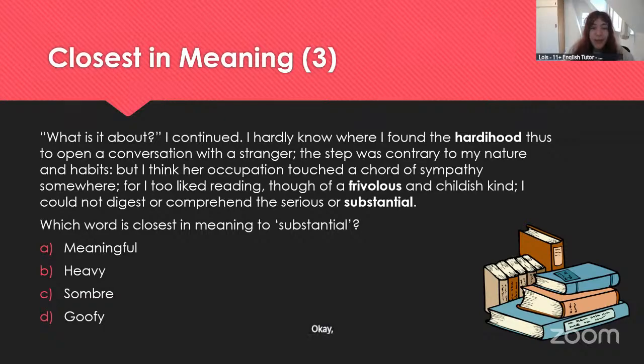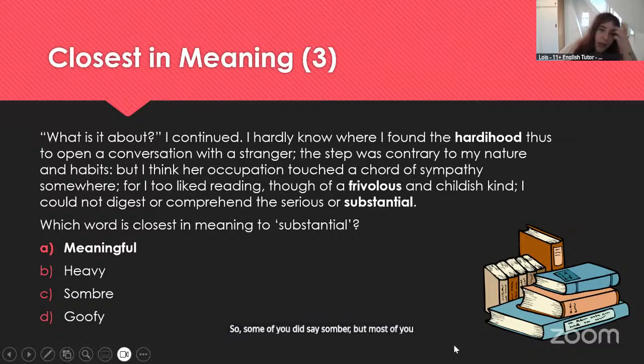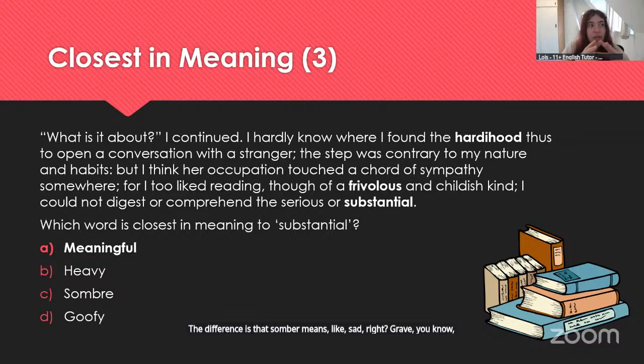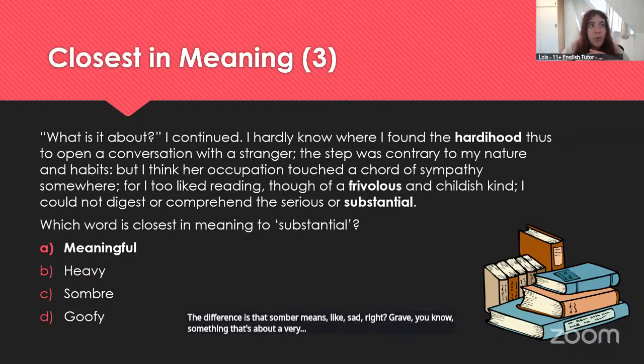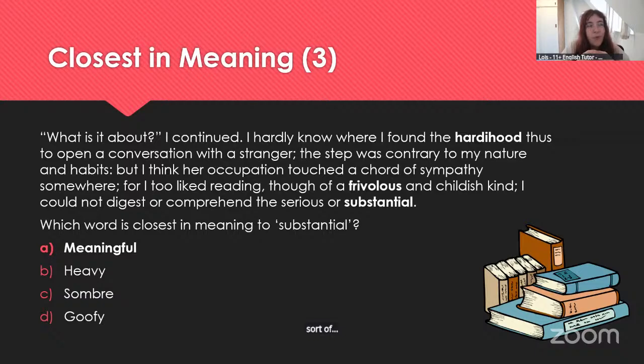Okay, I'm going to reveal the answer. The answer is A, meaningful. So some of you did say somber, but most of you said meaningful. The difference is that somber means like sad, right? Grave. I'm trying to define it without using the word serious because obviously that's right there.